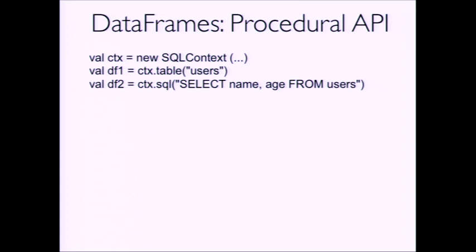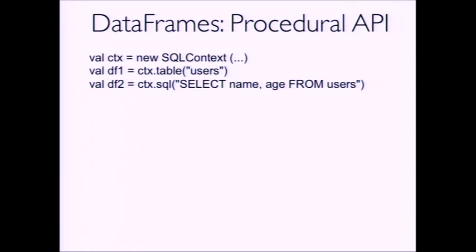Basically, I've got a catalog in Spark SQL that's got a bunch of Spark SQL tables, and I'm going to open up that catalog. So I get a new SQL context. I point it at the catalog, and I point it at the database, and then say, okay, there's a thing in my catalog called users. That's a table. I want to treat that as a data frame.